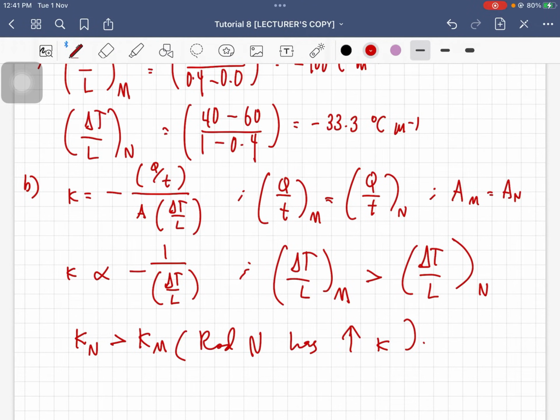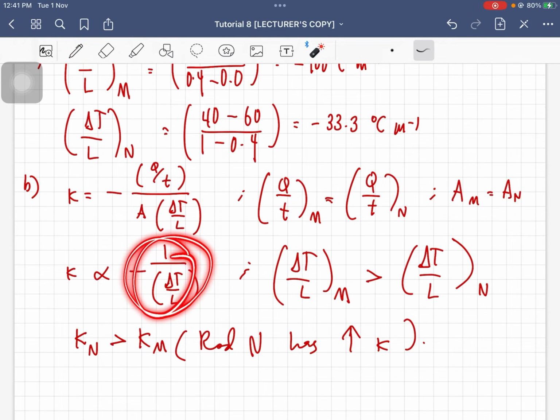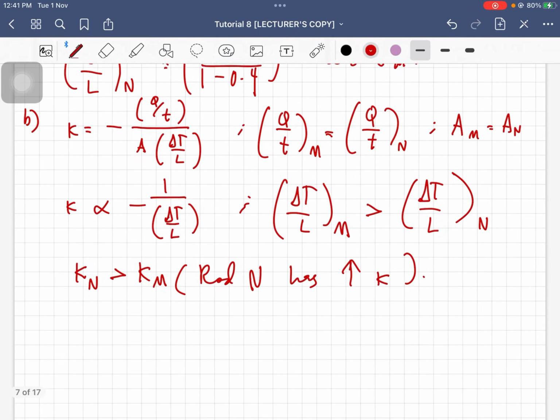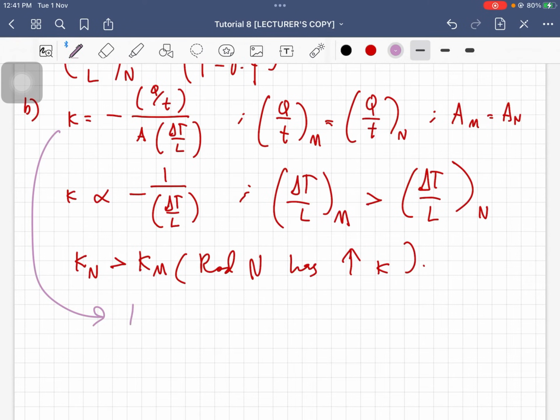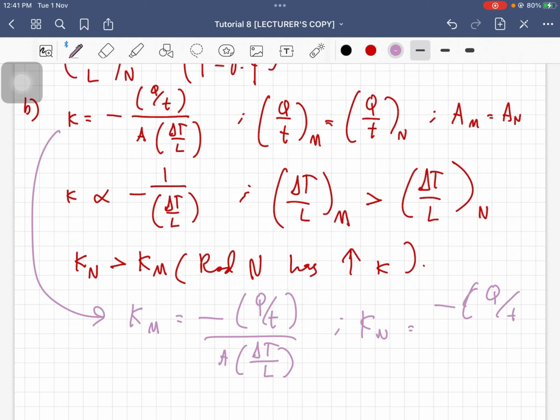Alright, so if you are confused about how it suddenly got left like this, what you can do is write one for M, and then do another one for N. What we know is the rod ends are maintained, so the rods are in steady state.